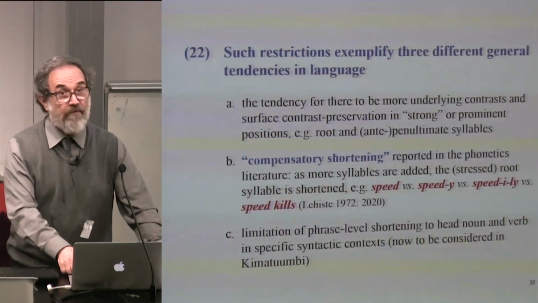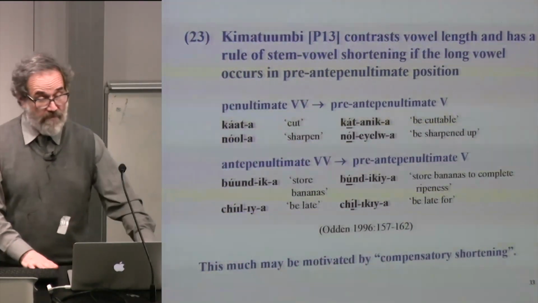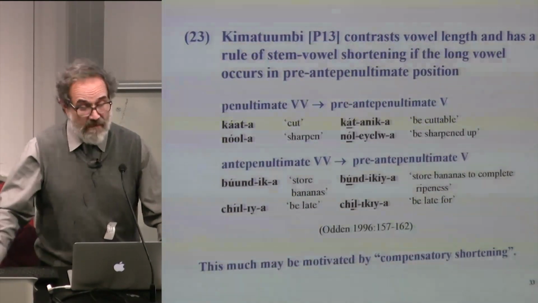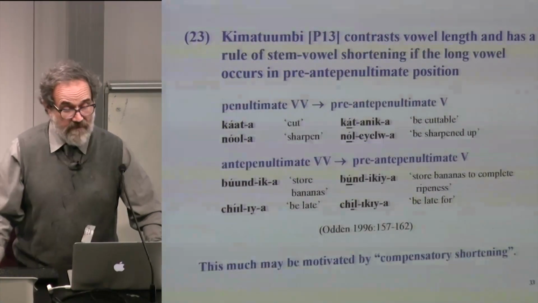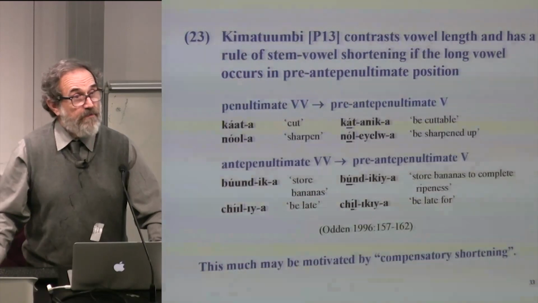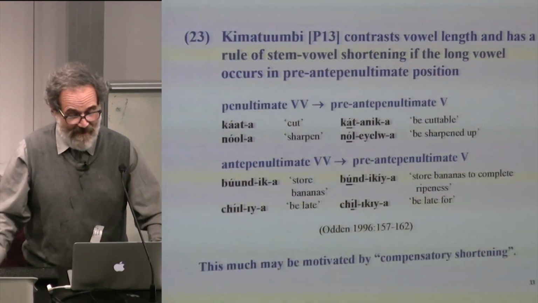And I'll show you that from Kimatumbi, based on David Odden's 1996 book, which is very nicely detailed. In fact, as an aside, very many of the things I'm going to talk about, it's hard to get these data because most of the descriptions are not very thorough. They're pretty good, but they don't answer my questions. Okay, so I'll show you that in a moment in another context.